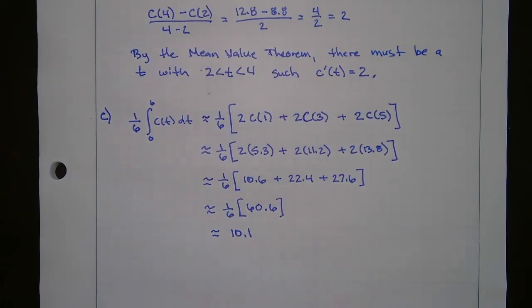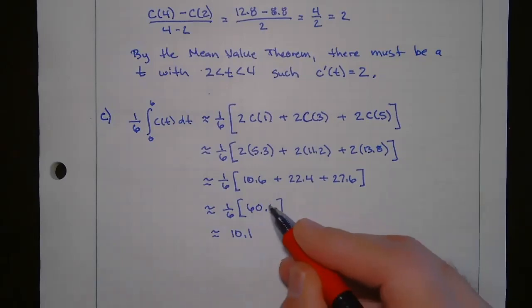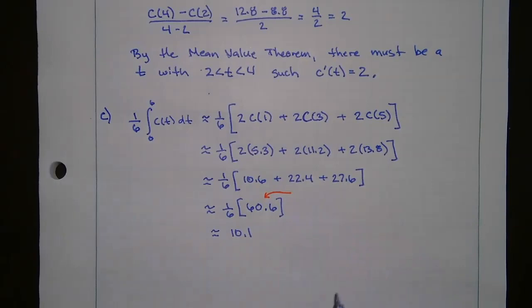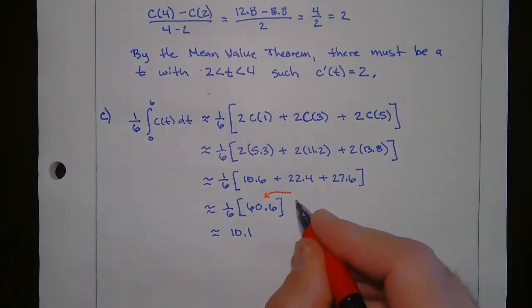Okay, and now what we want to do next is explain the meaning of this in the context of the problem. Something I need to tell you and make you understand is this, okay? This 60.6 right here, the units on it, I'm going to write it in pen, okay? The units on this would be ounce minutes, or minute ounces.